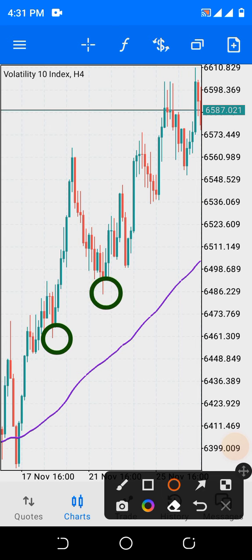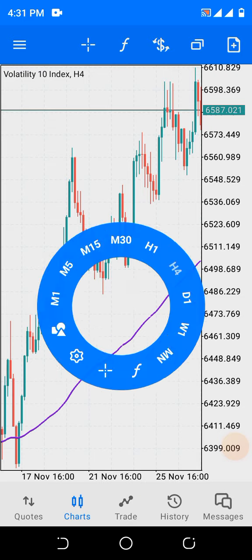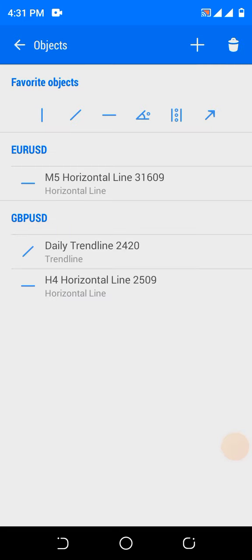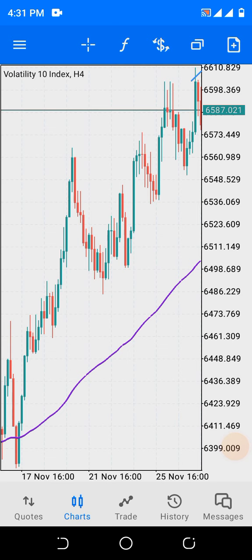So once you identify these 2 points, now you use a trend line to join the 2 lows. Now your entry should be at the third touch, the third higher low.